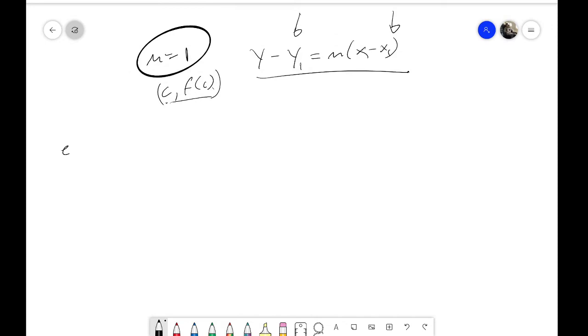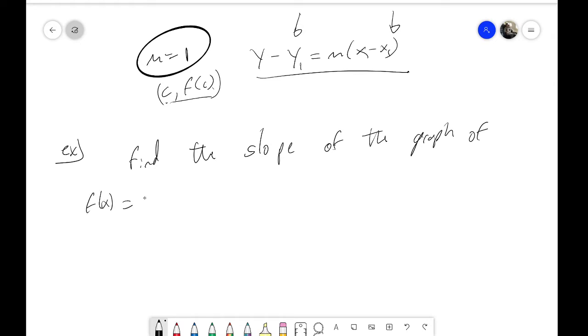All right, so let's do an example. Let's find the slope of the graph of f of x equals 2x minus 3 at the point 2, 1.